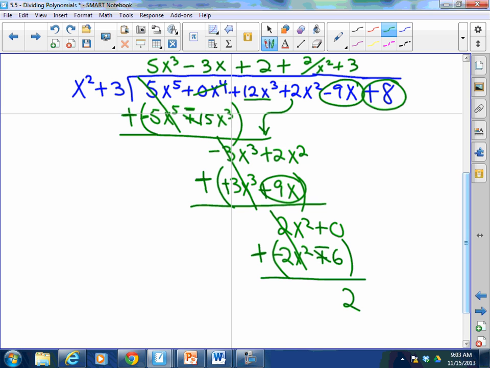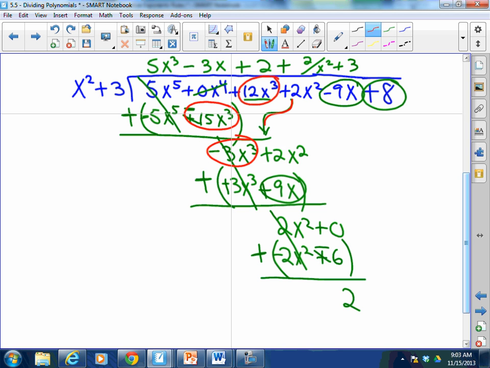Now, the good news is that there's an easier way. Yes, sir. How do you get on the second step 3x squared if it's 0x to the fourth minus 1x to the third? On the second step, right? Okay. You have 12x cubed minus 15x cubed is negative 3x cubed.